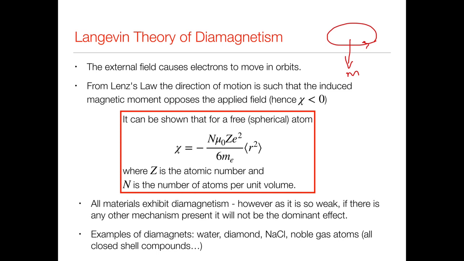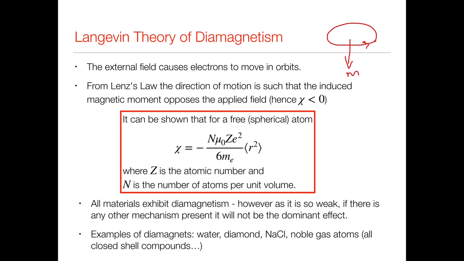But it's a very weak effect. So if there is any other mechanism of magnetic response available, that other mechanism will dominate. So we only find a material to be diamagnetic overall if there's no other mechanism.